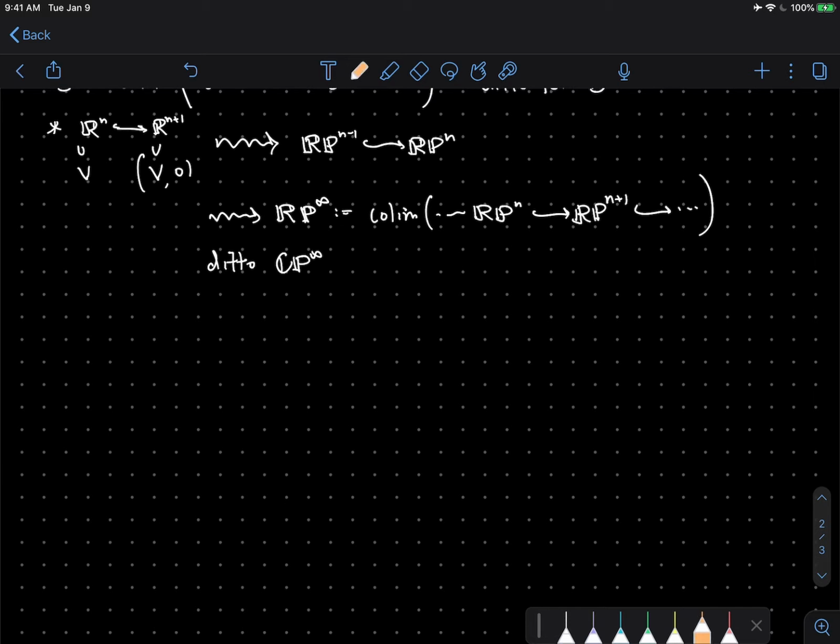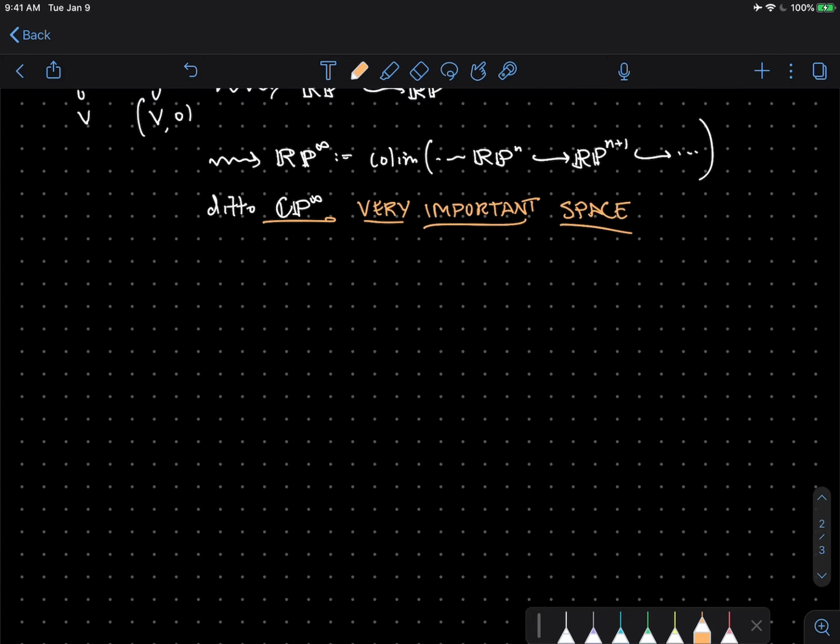CP infinity is a very important space. Well, to be fair, we don't care that much about it as a topological space. We care about it a lot up to homotopy equivalence.